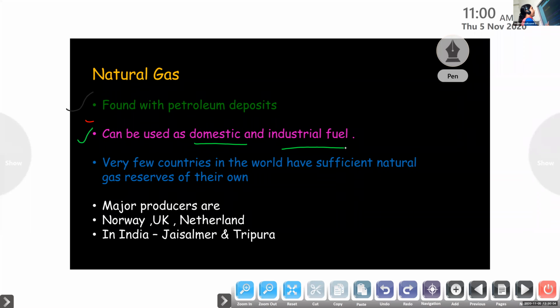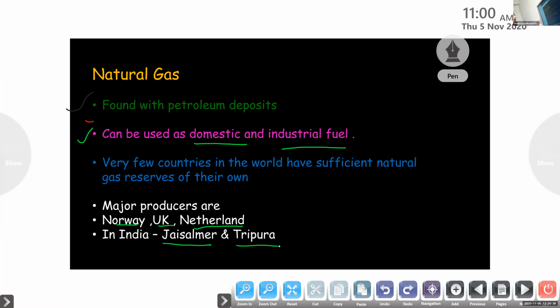Major producers in the world are Norway, UK, and Netherlands. In India, it is two states: Jaisalmer in Rajasthan, and Tripura.